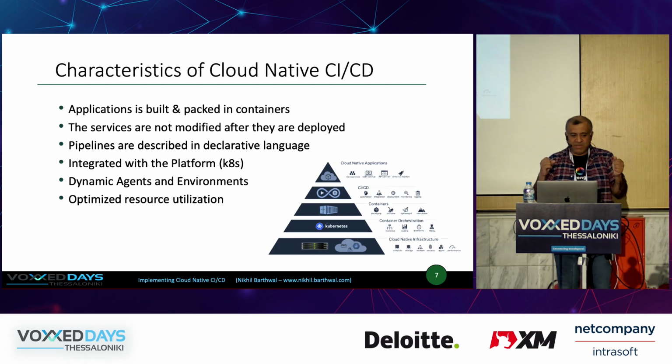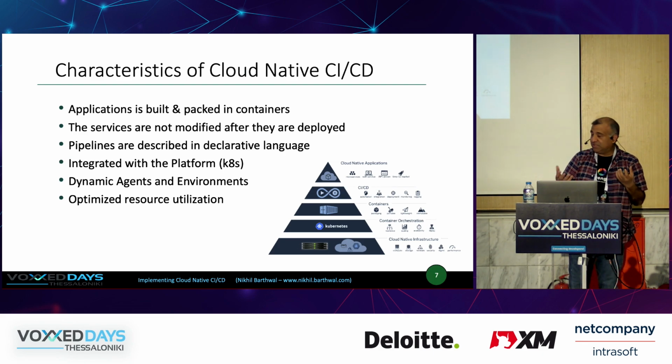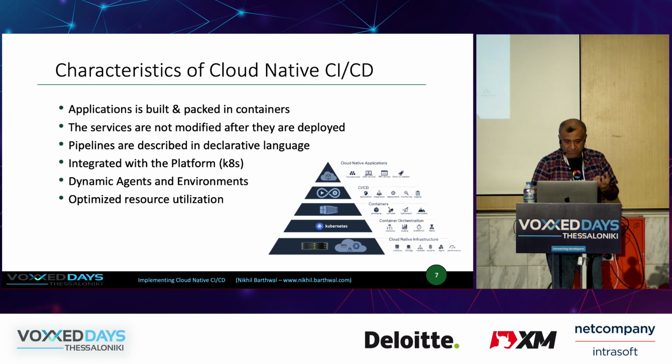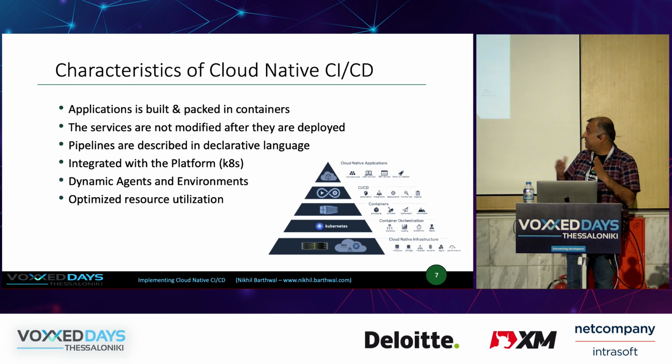So something like fixed build agents doesn't really work. Even if you have scaling, you want something which can scale up and down very fast, but at the same time it has to be cost effective. You don't want the cost to spiral out. So these are the desired characteristics that we want in cloud-native tools, which we feel are missing in the traditional ones.